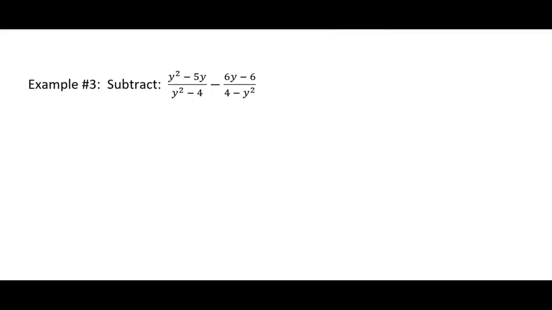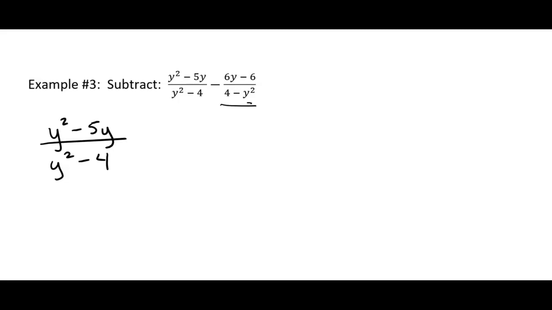All right, so here comes an example. I have in the first denominator y squared minus 4. In the second denominator, I have 4 minus y squared. So I would rather those not be like that. Okay, so let me recopy this so that I'll have a little more room. The first rational expression, y squared minus 5y over y squared minus 4.